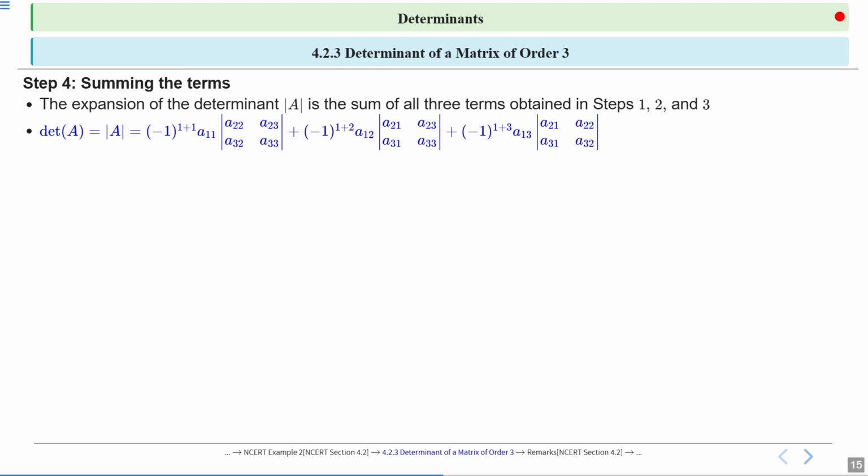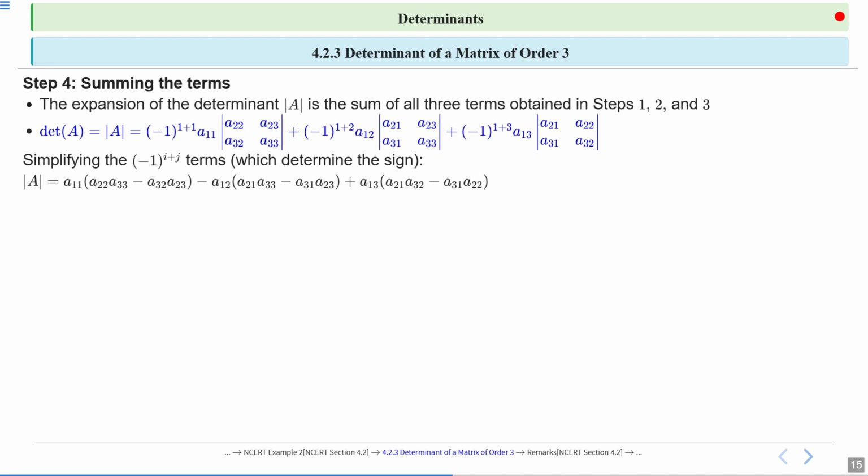And when we combine all this, we get the determinant of a 3 cross 3 matrix. So if we want to calculate the determinant of a matrix of order 3, we need to calculate the determinant of three 2 cross 2 matrices.